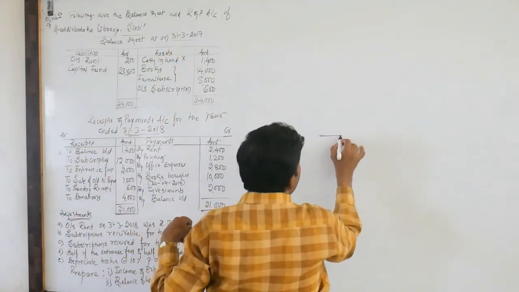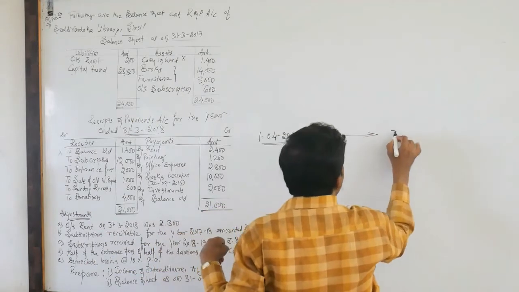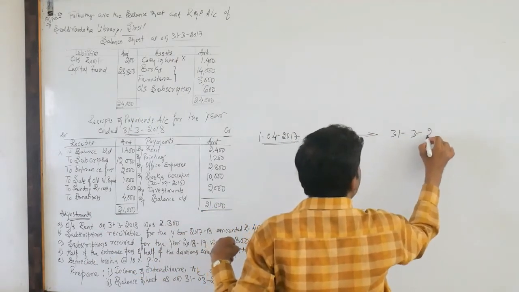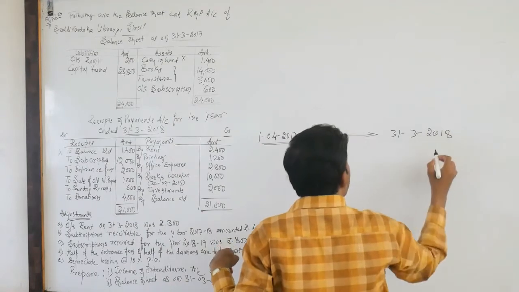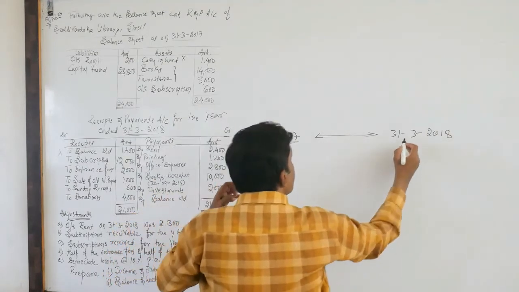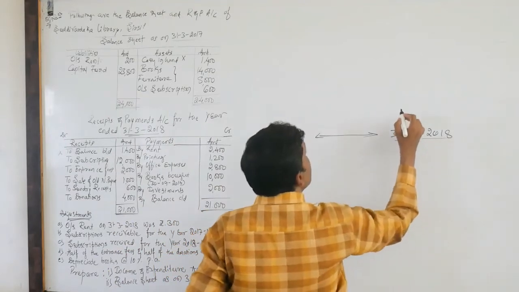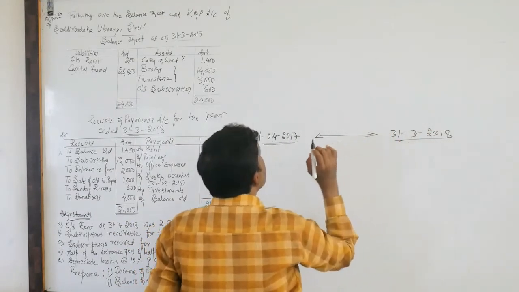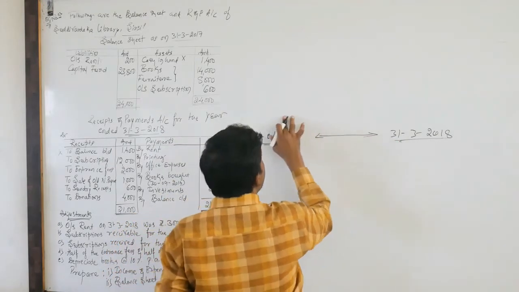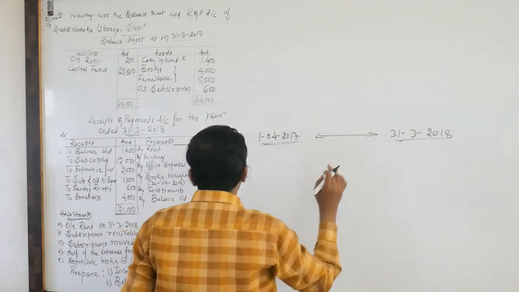The closing date is 31st March 2018. This is the total financial year of the current year, with this as the opening date and this one as the closing date.